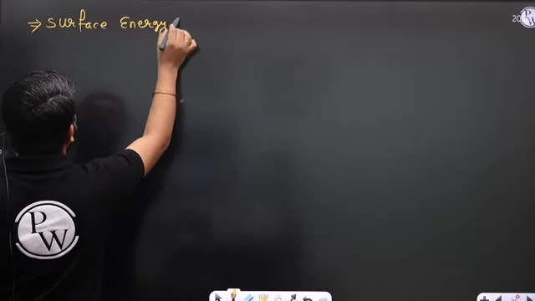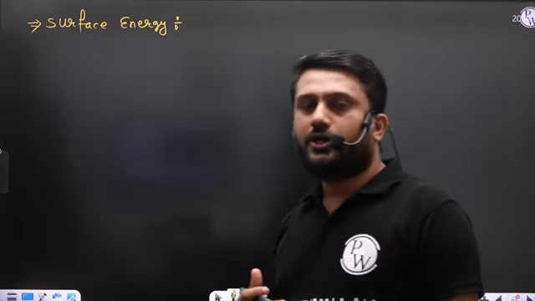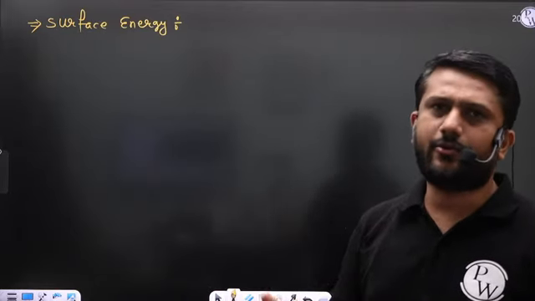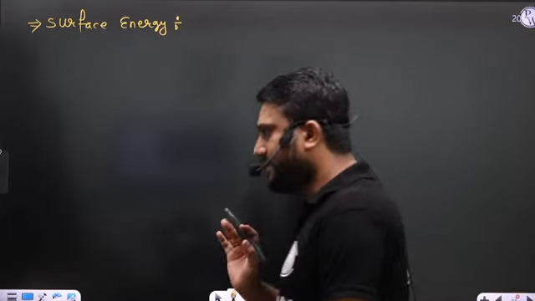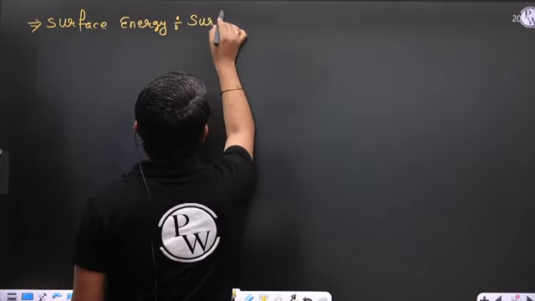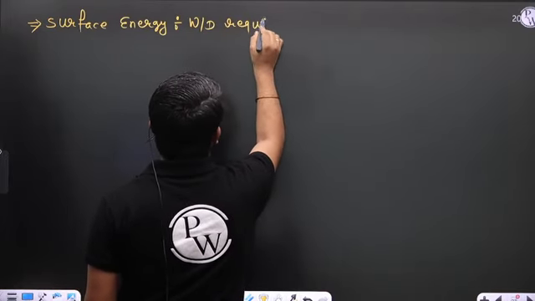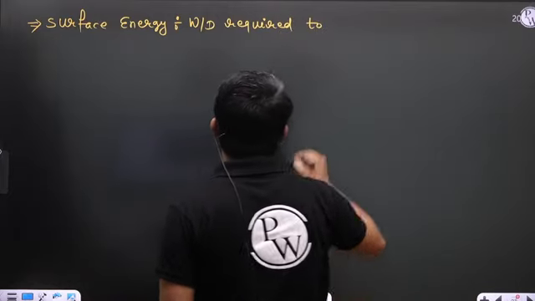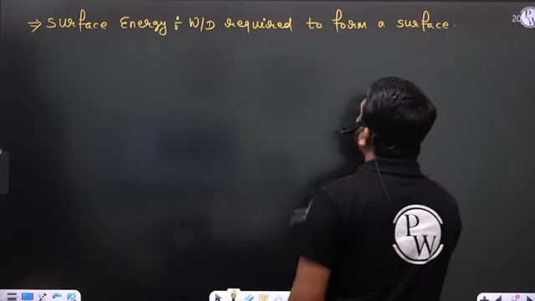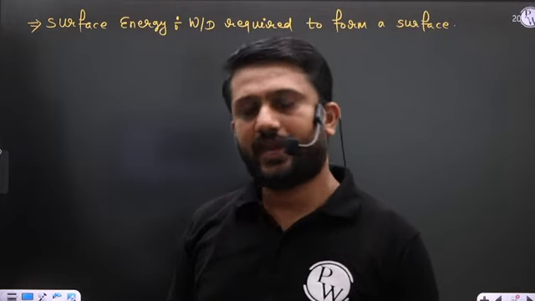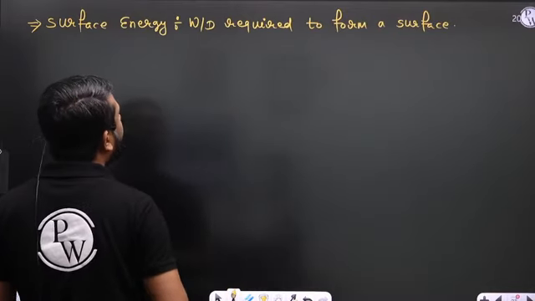Surface energy is simple: it is the energy required to create a surface, or you can say the work done required to create a surface, to form a surface. That is called the surface energy.